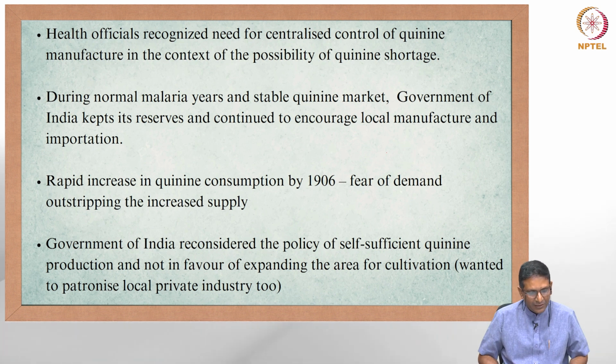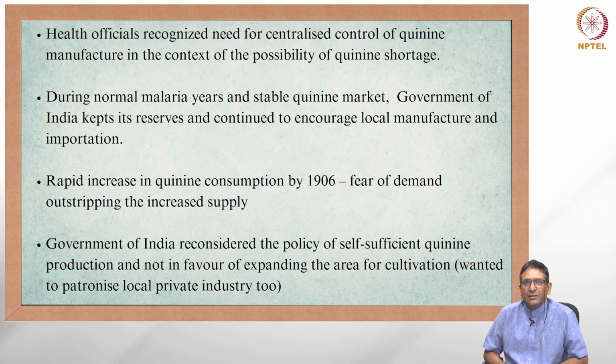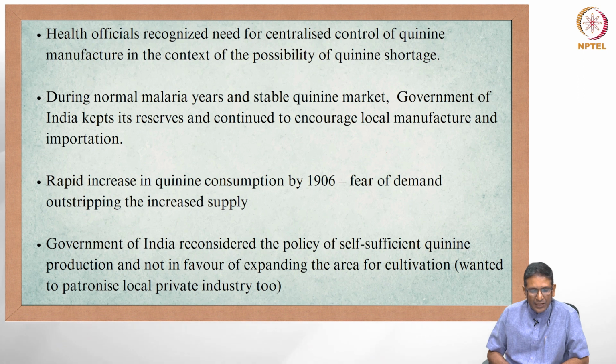So therefore, it reconsidered the policy of self-sufficient quinine production, and kept the option of importing very much open. And also the colonial state wanted to support and patronize the local private industries which were producing quinine. So they were also encouraged to import the bark and manufacture the alkaloids.